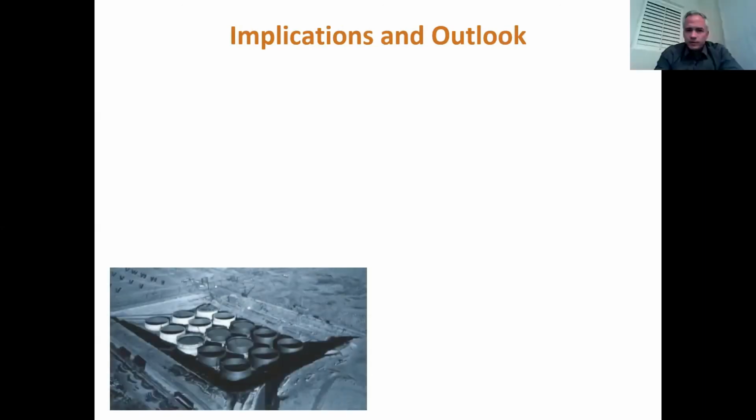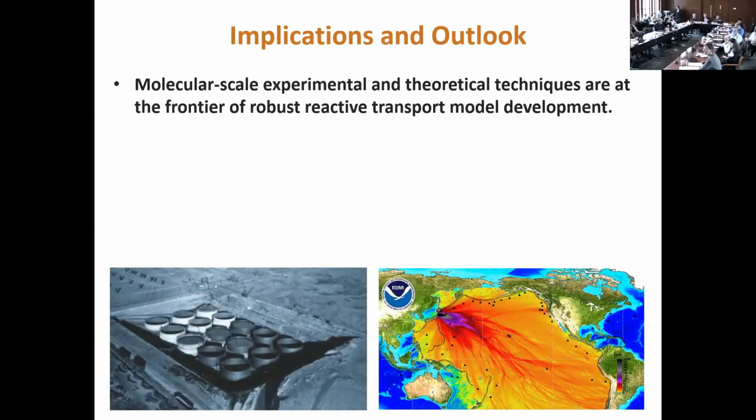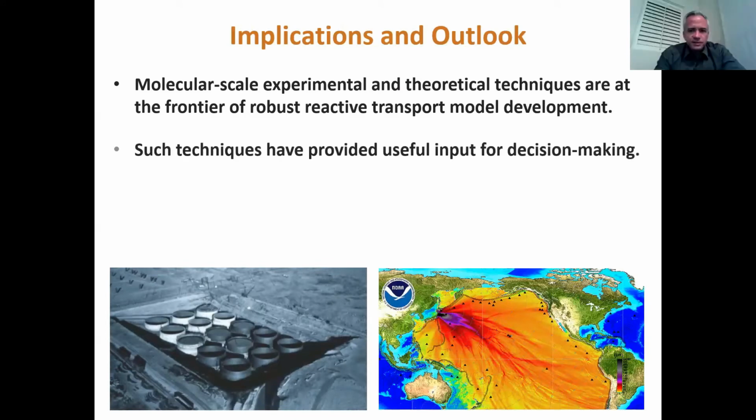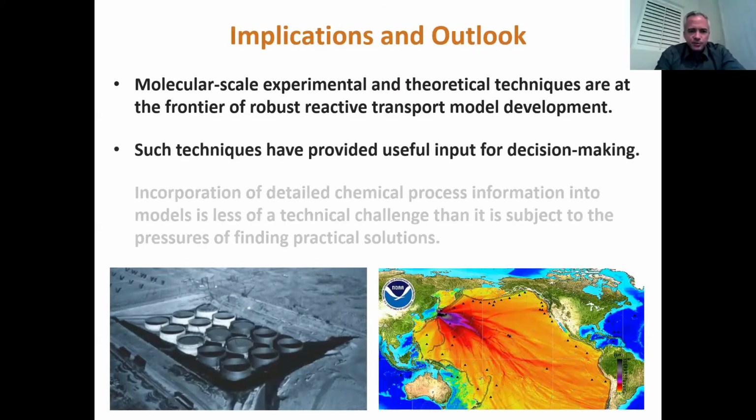I'm just going to wrap it up here with some high-level observations. I would say that molecular scale experiment and theoretical techniques are at the forefront of robust reactive transport model development. Such techniques have provided useful input for decision making.